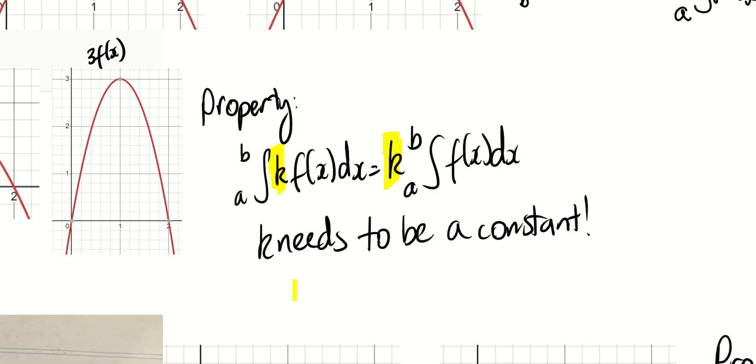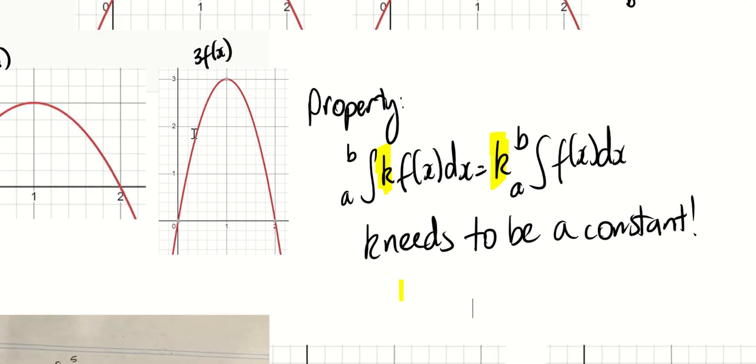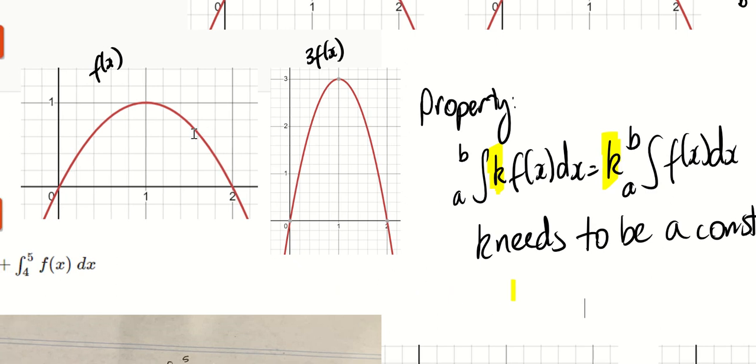So it needs to be a constant, obviously. So for example, over here, I've got this function and there's an area underneath it between 0 and 2.